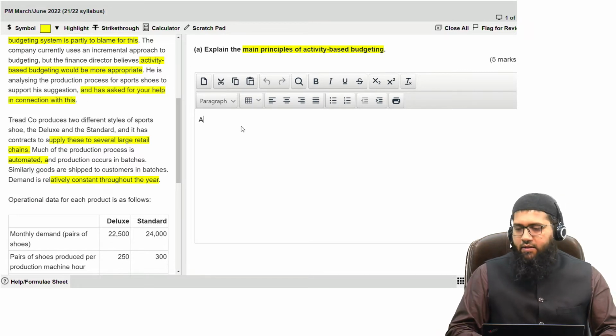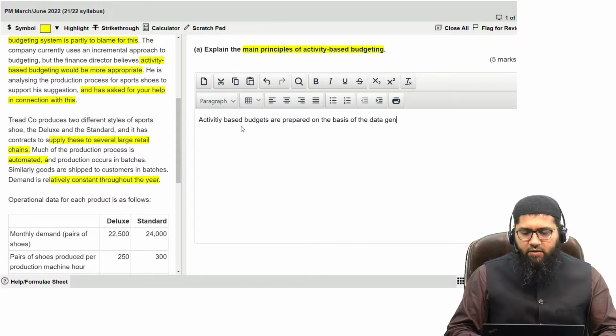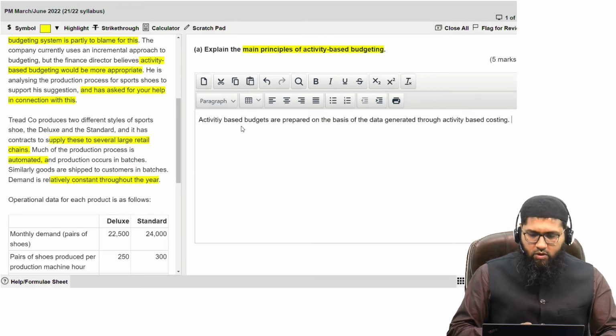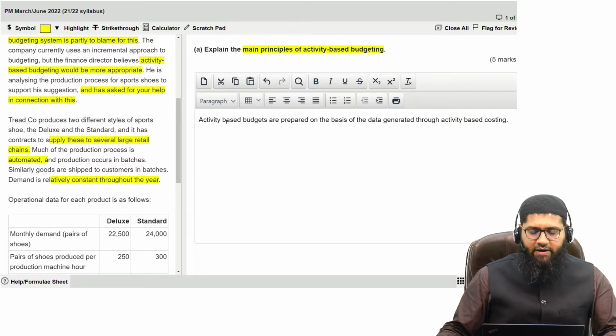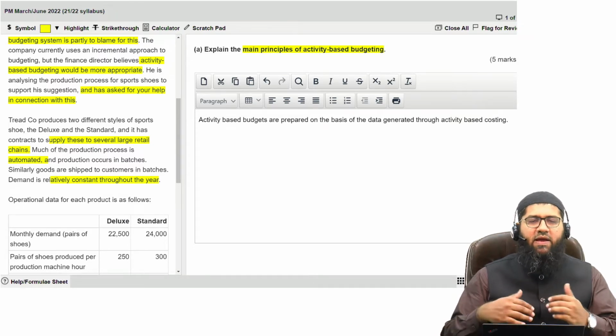Activity-based budgets are prepared on the basis of the data generated through activity-based costing. Let me repeat, activity-based budgets are prepared on the basis of the data which is generated through activity-based costing.